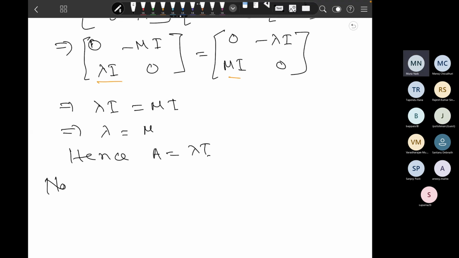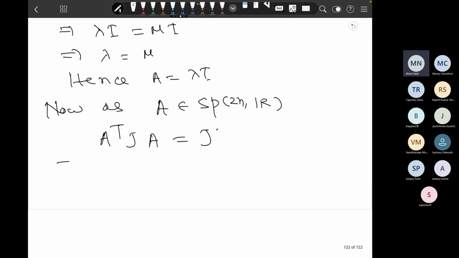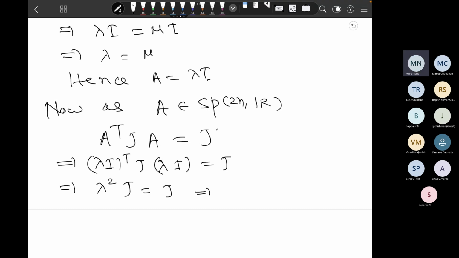Now as A belongs to Sp(2n,R), this implies A transpose J A is equal to J. So now you put A equal to lambda I: lambda I transpose J lambda I is equal to J. So I transpose is equal to I, and this will give you lambda square J is equal to J. This implies lambda square is equal to 1, so lambda is equal to plus minus 1.